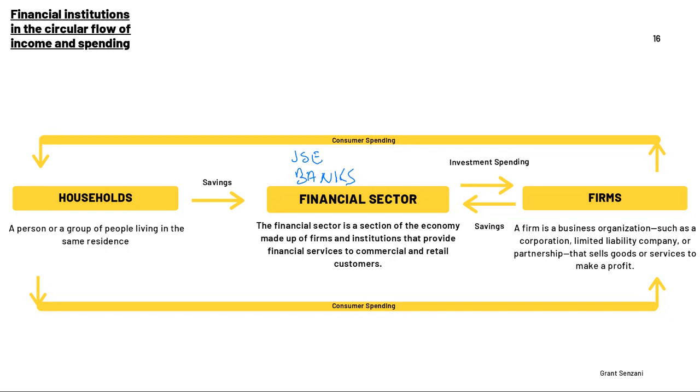The question was, what financial institutions do you guys know? SARS is a financial institution. It does form, however, a leg of the government in the sense that it collects taxes and so forth. We'd have to do something different, but I'll show you on the next slide where SARS would fit in. But for now, guys, what other financial institutions do you guys know of?